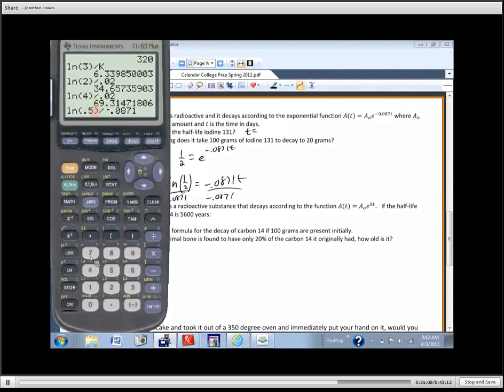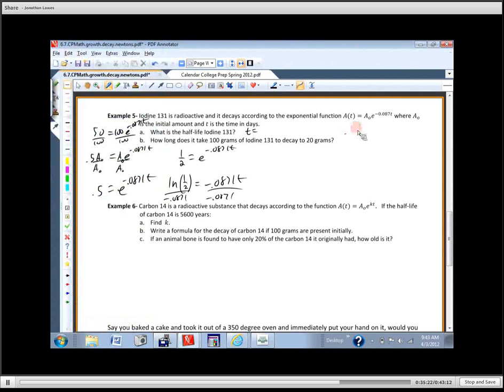Now, we're taking the ln and dividing it by a negative. Are we going to get a negative answer? Nope. Because the ln of a decimal between 0 and 1, think about the way the graph looks. All these answers here are negative. We're finding the ln of 0.5. It's going to be a negative. So this is going to be a negative divided by a negative. That's going to produce a positive.